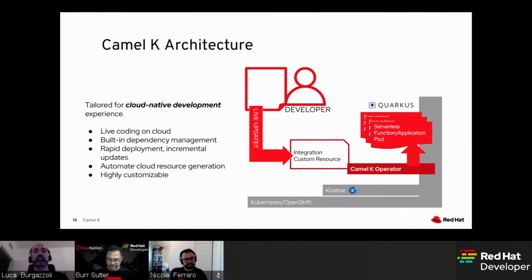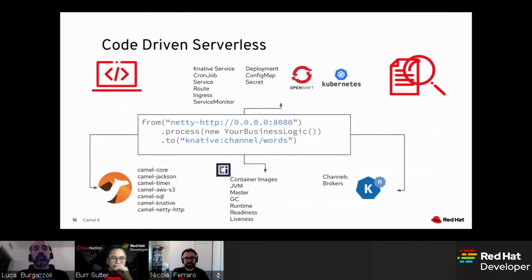So when you save your file, it's going to push your data to the cluster, and the Camel K operator is going to recreate and redeploy your application. This magic happens because, as we said before, we made Kubernetes able to understand your integration code.